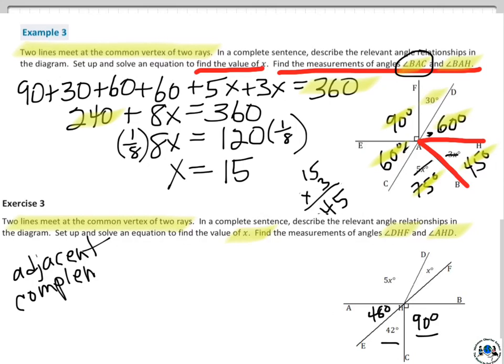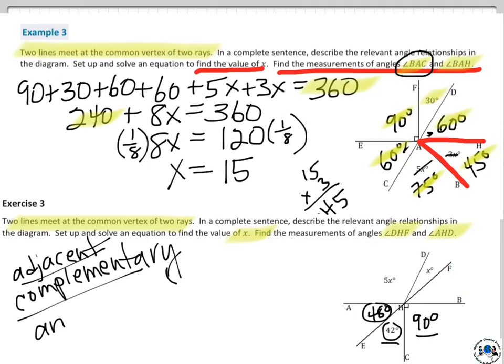Complementary angles are two angles that equal up to 90, and that would have been this one and this one. And then I used angles on a line, another relationship. It's good for us to just keep stressing these relationships and why we do what we do.